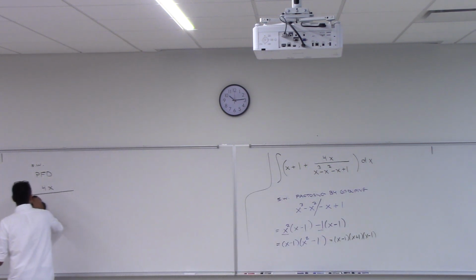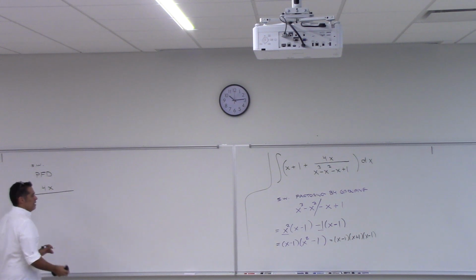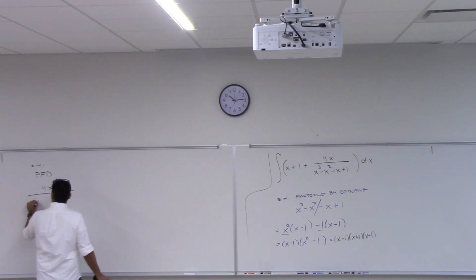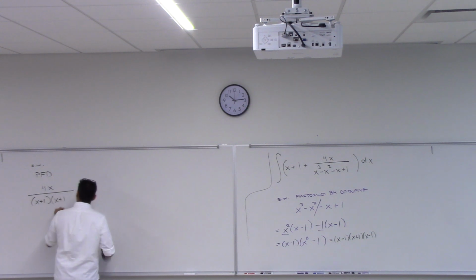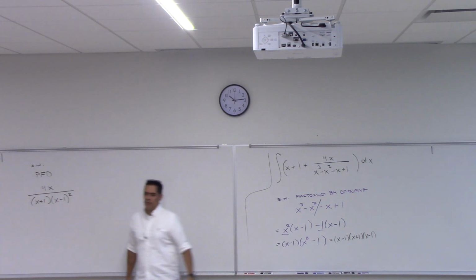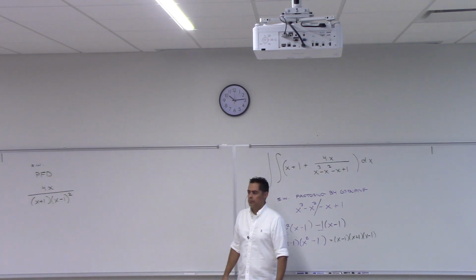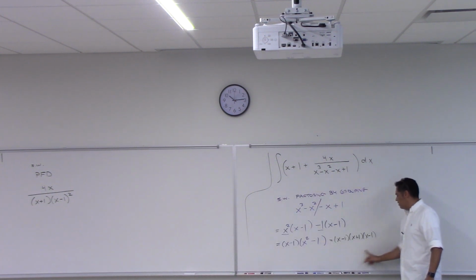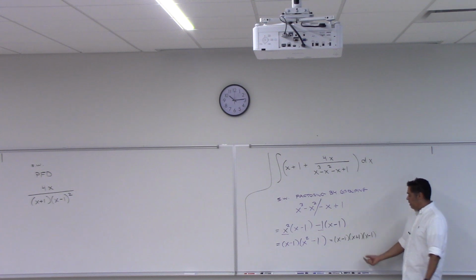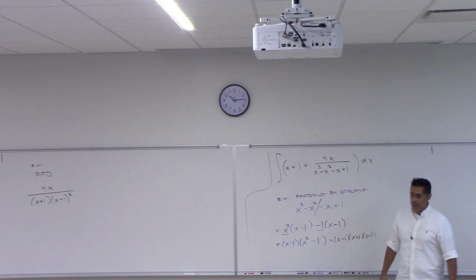Let me erase this because of the space I need on the board. I'm going to write this as x plus 1, and then x minus 1 squared. I just rearranged. Is that all right with you? X minus 1 times x minus 1 is x minus 1 squared, and then x plus 1 is just x plus 1.